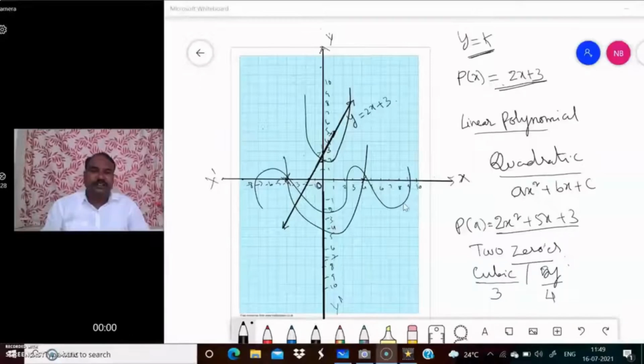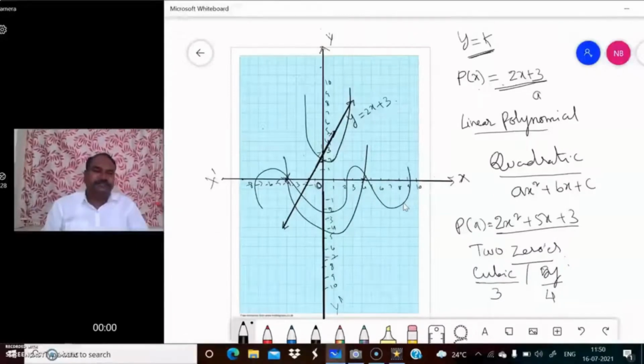Conclusion is, we can represent 2x plus 3 like mx plus c. The general form of a linear polynomial is p of x is equal to ax plus b. This ax plus b polynomial represents a straight line. The place where it cuts the x-axis, that x value is the zero of that linear polynomial.